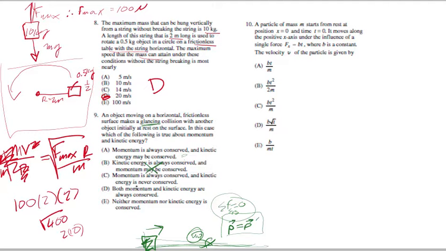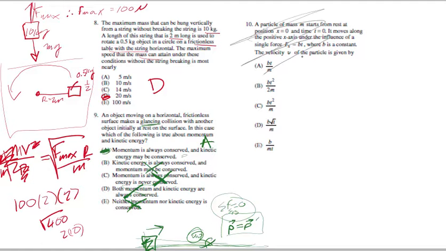Nope. Momentum is always conserved, possibly, and kinetic energy is never conserved? We don't know enough to say never. We don't know what kind of collision it is. Both momentum and kinetic energy are always conserved? Nope. Neither momentum nor kinetic energy? Well, we know that's not true because we know momentum is conserved, so therefore it has to be A.